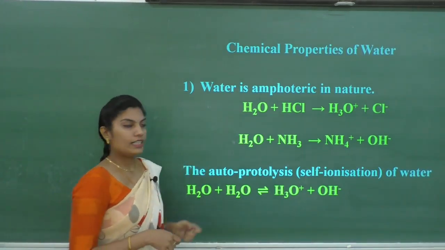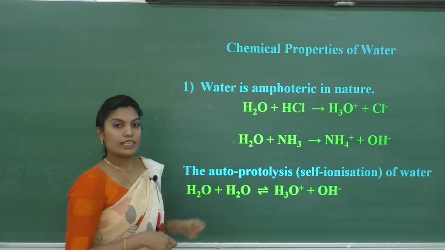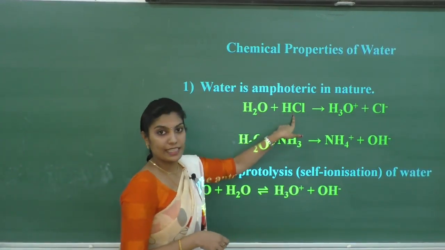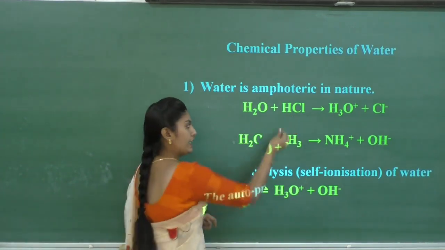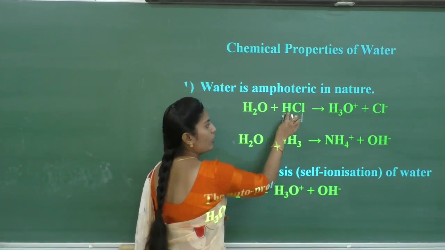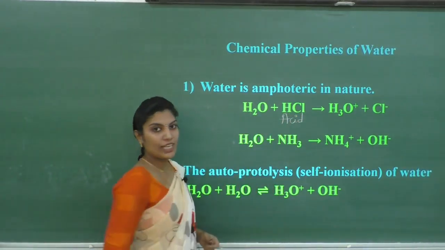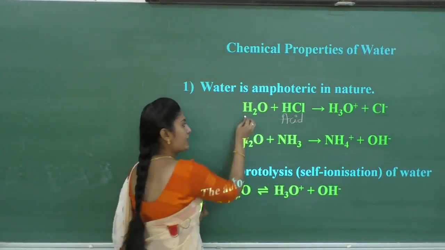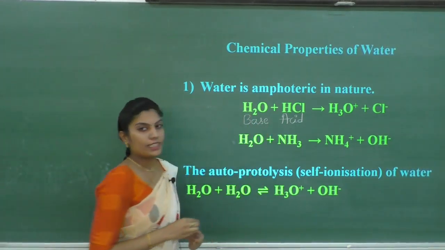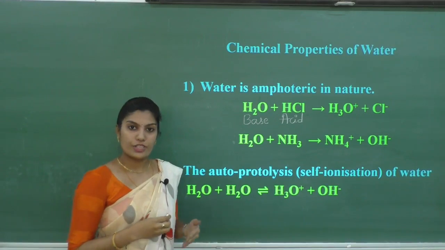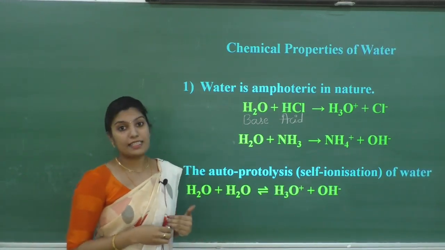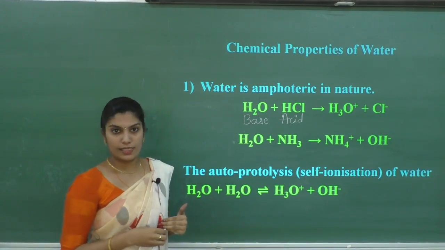Let us see a reaction. In this reaction, water will react with an acid like HCl. You all know that HCl is an acid. In the presence of an acid, water will act as a base. You know that an acid is a substance which donates a proton and a base is a substance which receives the proton, isn't it?